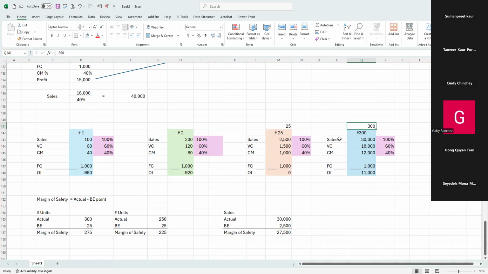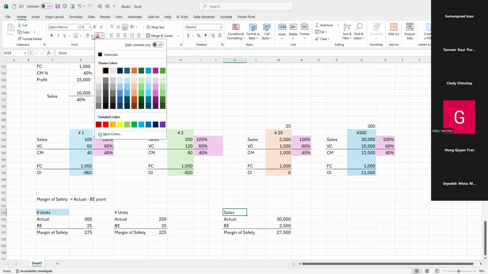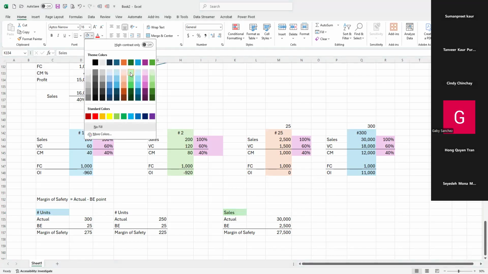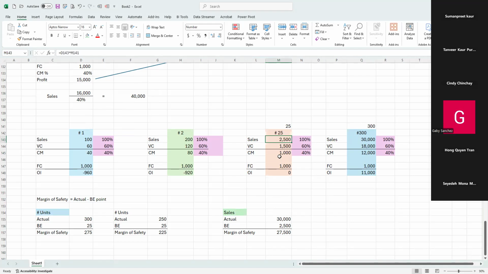Professor, how did the break-even point go from 25 to 2500? Sorry? How did the break-even point go from 25 to 2500? Listen, this is the number of units, whether this one is sales. So this is only sales. We're chasing here only sales, where here we're chasing number of units.